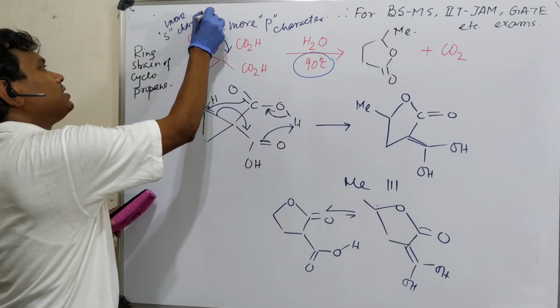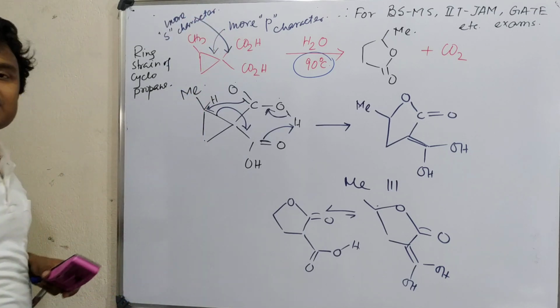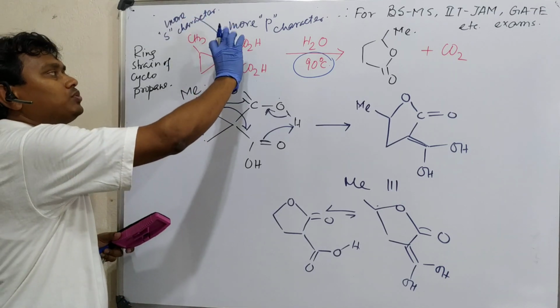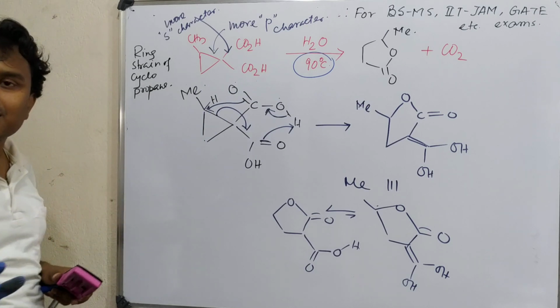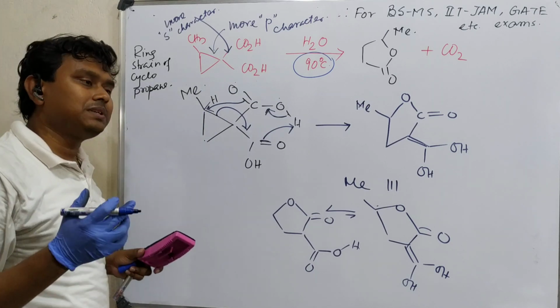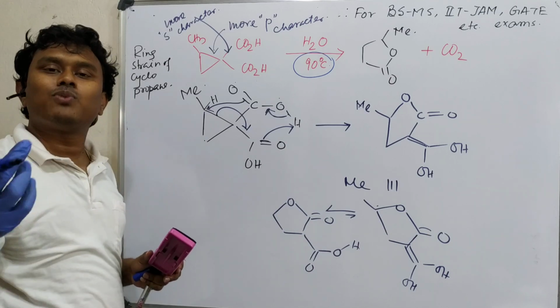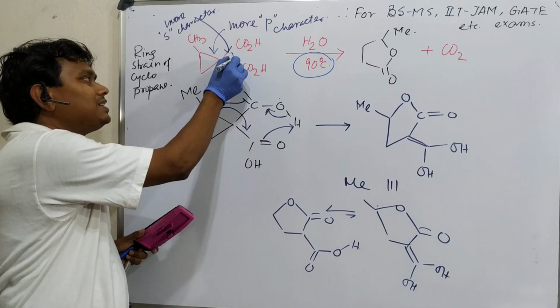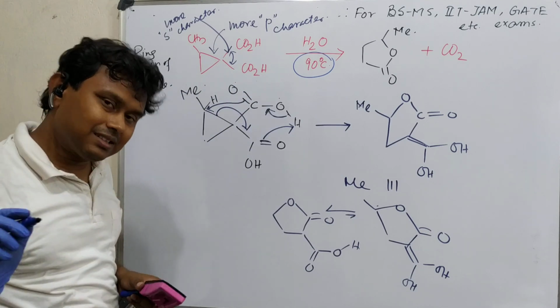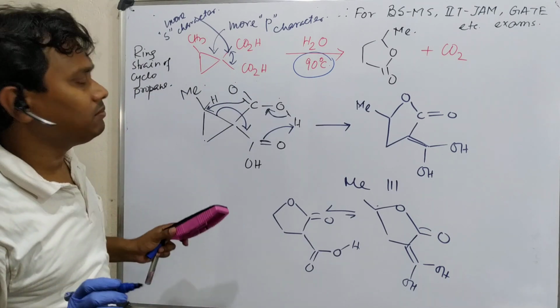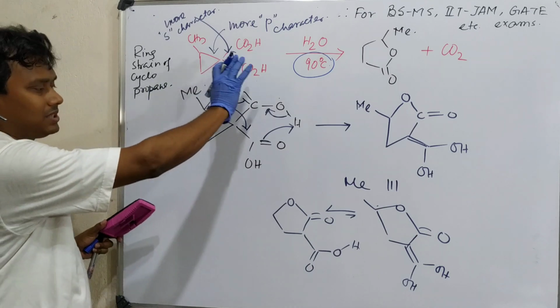What does it mean? If s character increases, then bond angle improves. So this bond angle is a little high. Like for example, sp3 109 degree, sp2 120 degree, sp 180 degree. So this bond angle is also a little bit higher. That is another point. Please keep this factor in your mind also. Okay, so this is the reason.